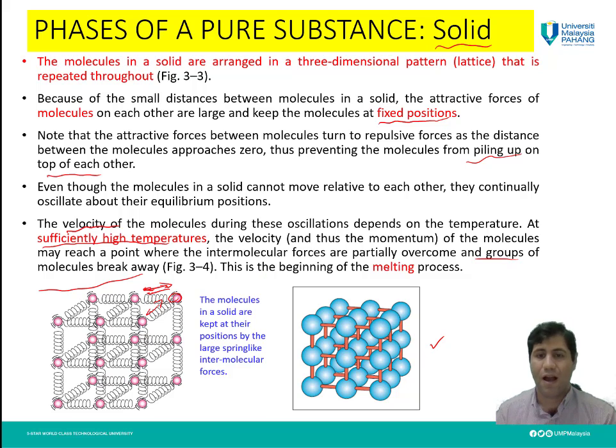This is the beginning of the melting process. Because of the temperature and the increased motion of the molecules, they can break this structure, and it is the start of changing phase from solid to liquid.